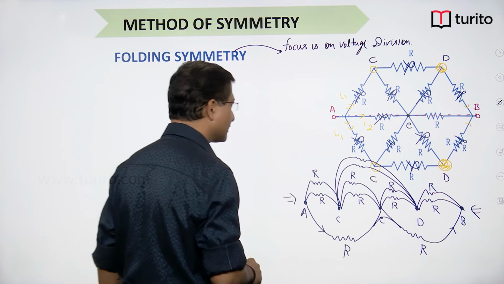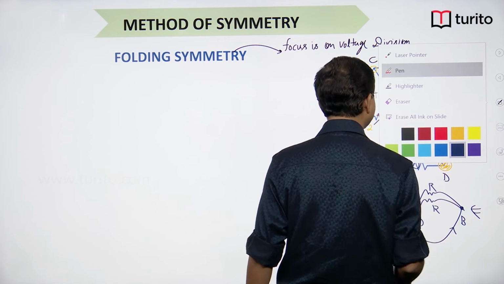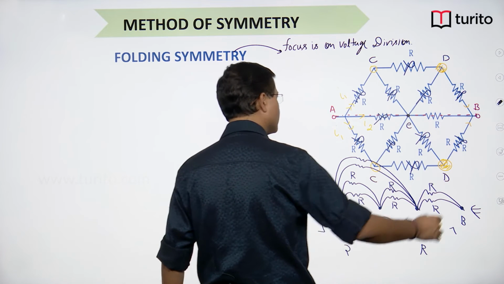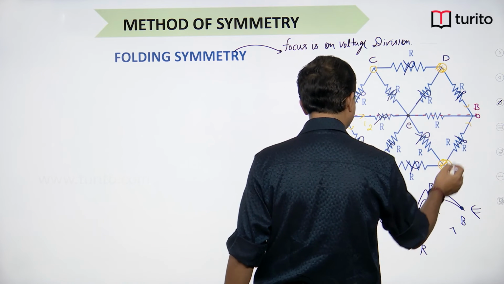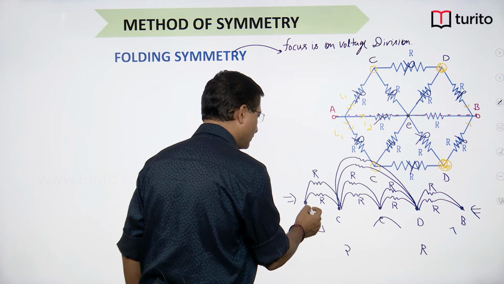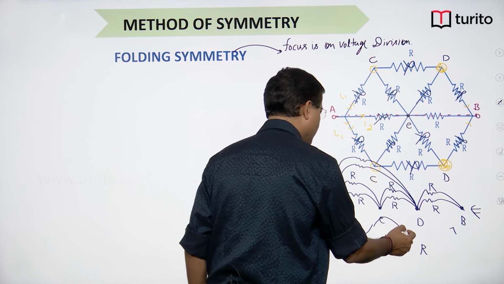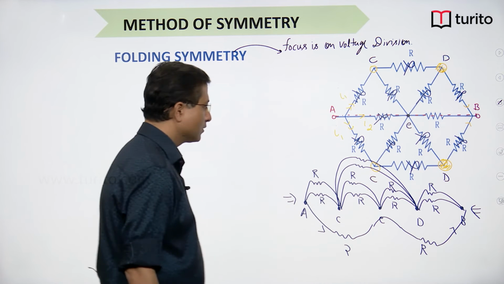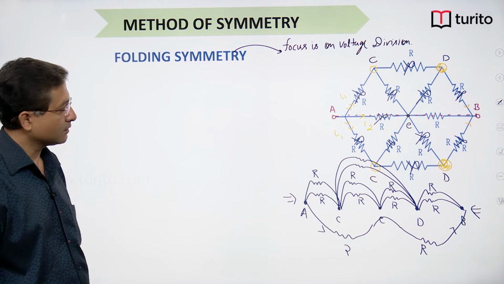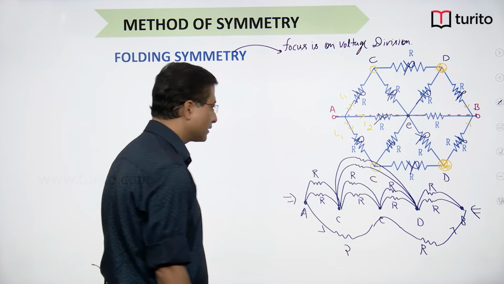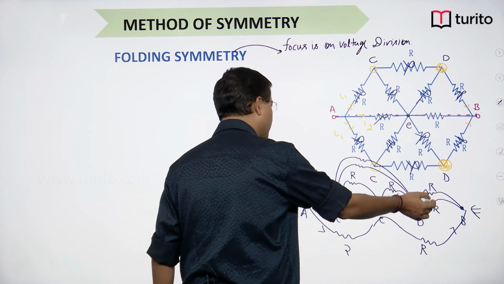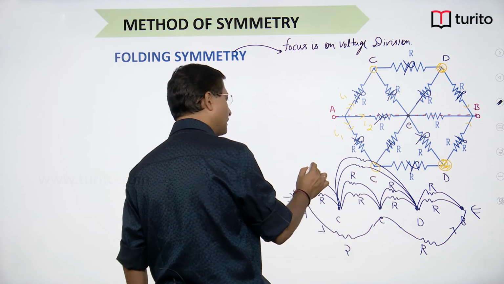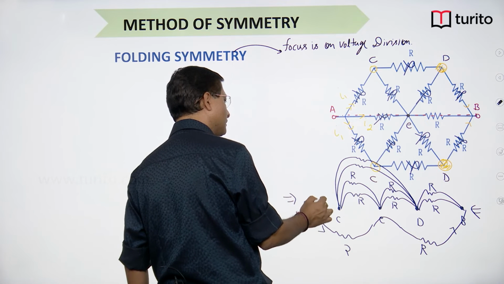So, we can redraw the circuit. This way finally we have the circuit, and let us start reducing it. R by 2, R by 2, R by 2, R by 2. Okay. So, all these can be removed and replaced by a single resistor.